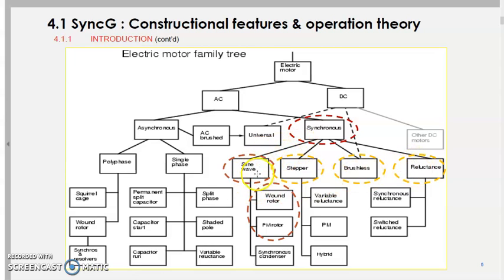We have the sine wave synchronous motor, wound rotor, PM or permanent magnet rotor motor, synchronous condenser, and then the stepper motor, which means the motor can be controlled in steps. Most stepper motors are used inside printers.